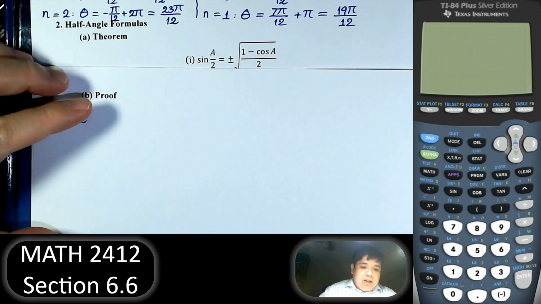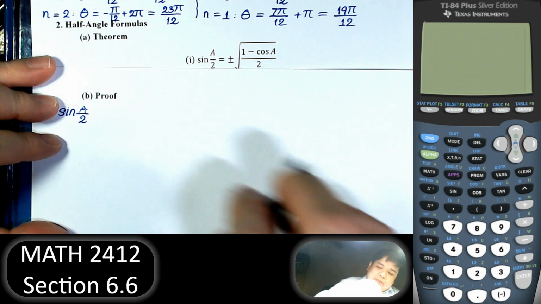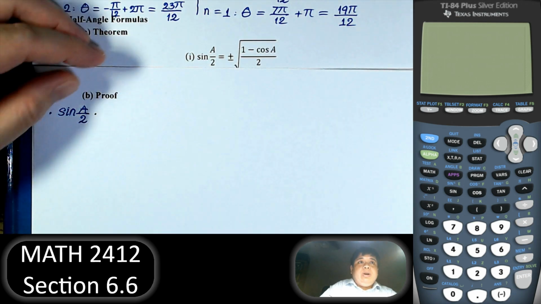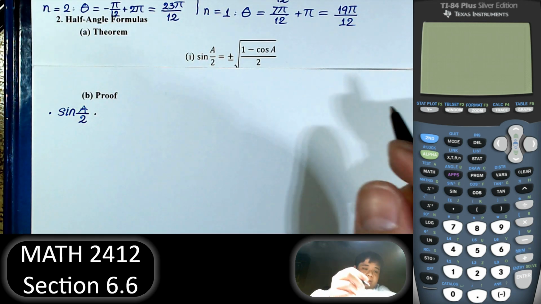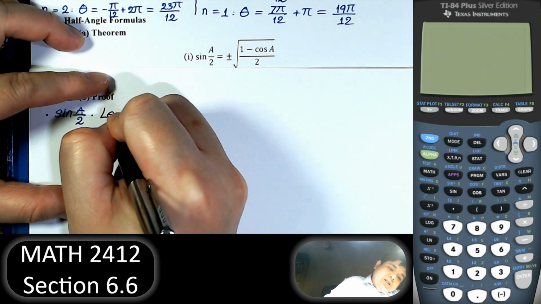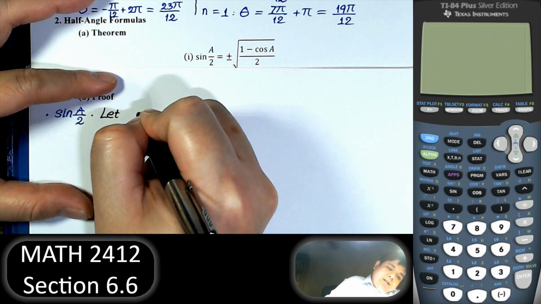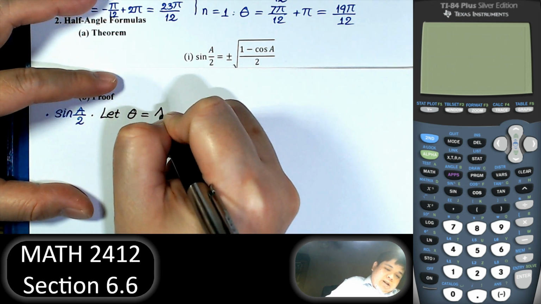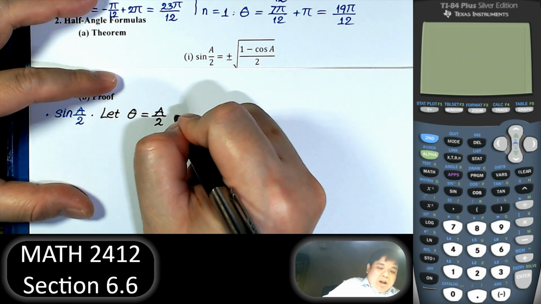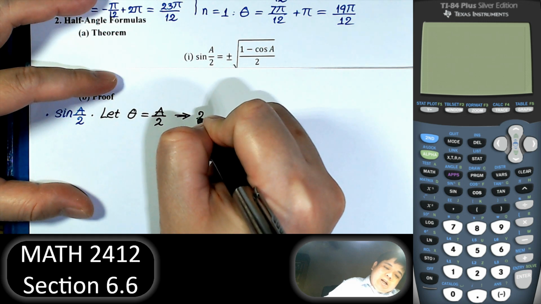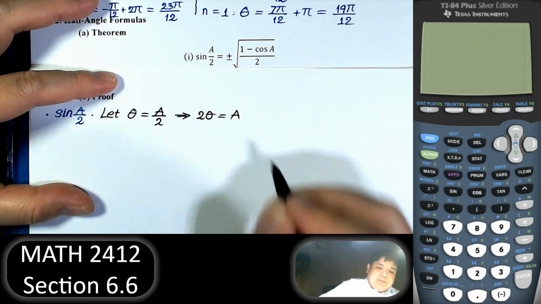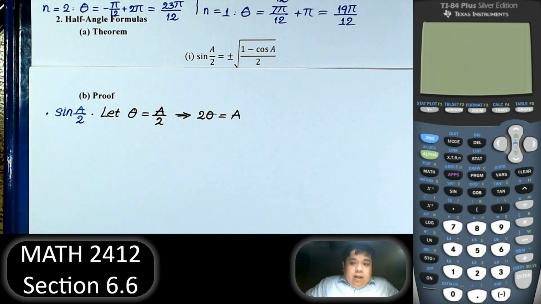Usually when something like this, we can change that to theta, for example. So let theta be A over 2. Multiply 2 on both sides, we have 2 theta is equal to A.